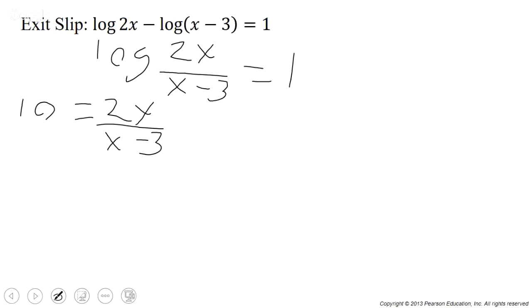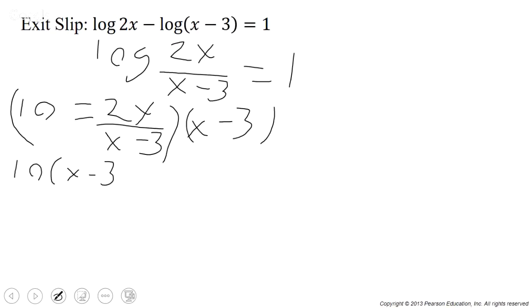Now I need to solve for x. So I'm going to multiply both sides by x minus 3 to get that out of the denominator. So that gives me 10 times x minus 3 equals 2x, or 10x minus 30 equals 2x. Got to solve for x.